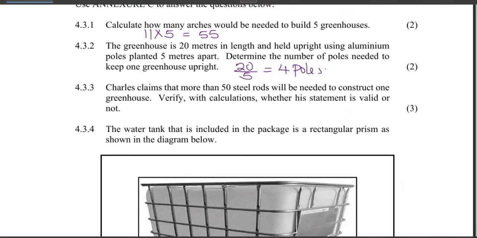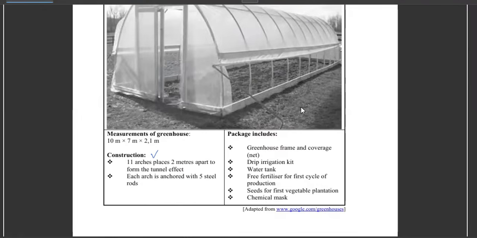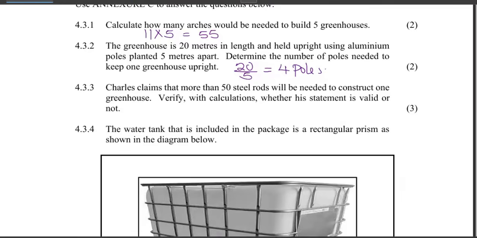Okay. Charles claims that more than 50 steel rods will be needed to construct one greenhouse. Verify showing all calculations, whether the statement is valid or invalid. We go back to the statement here. They are telling us each arch has 5. So if they are 11, you understand?